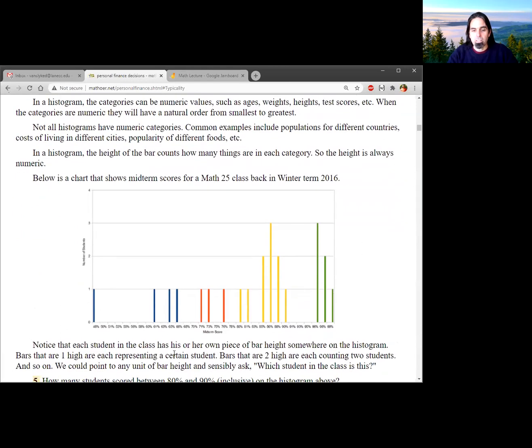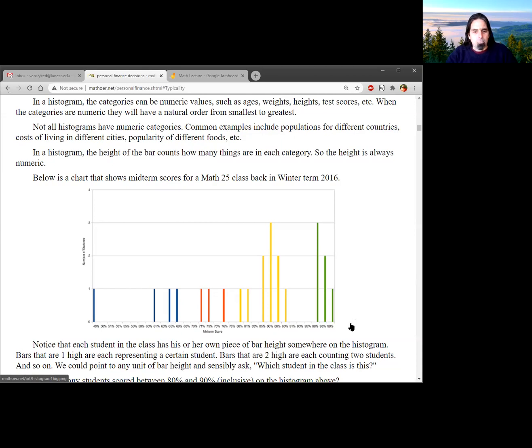When the categories at the bottom are numbered, we put them in order so it's easiest to understand what's happening. But not all categories on a histogram are numbers. You can have a histogram of how many people live in different states or different counties or different cities. You could have how many people prefer different foods or so on.